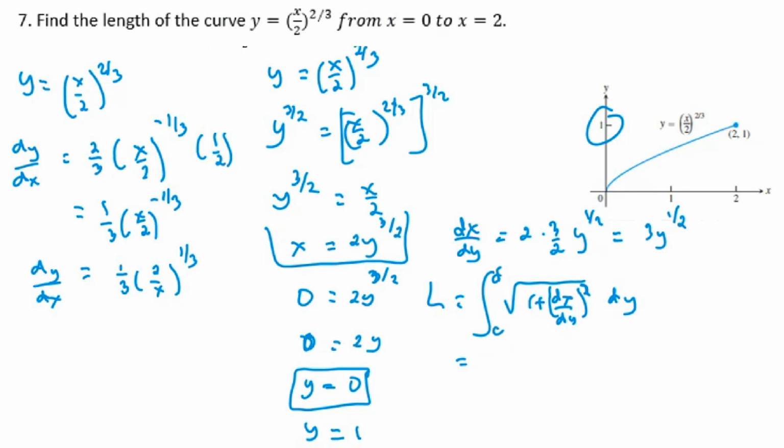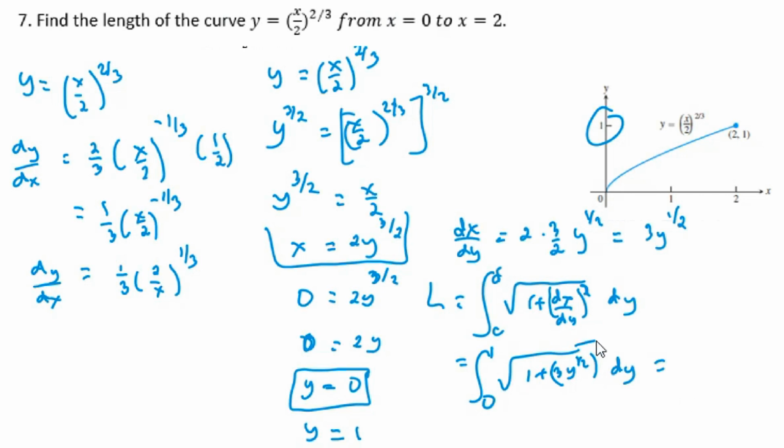By substitution, we write the integral of the square root of 1 plus 3y to the power of 1/2, which is the meaning of dx over dy, dy evaluated from 0 to 1.